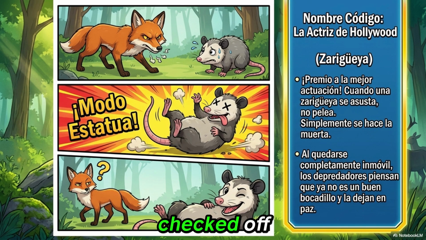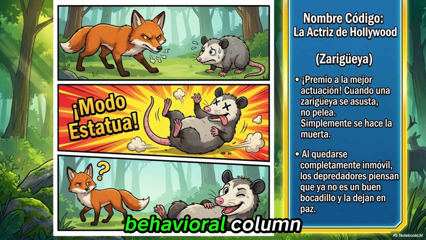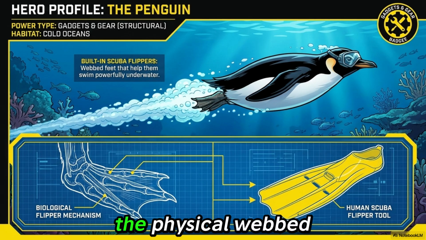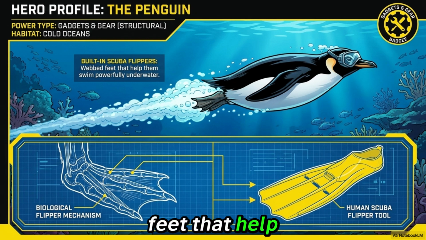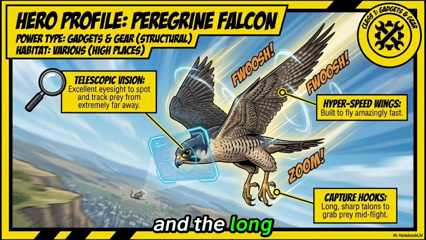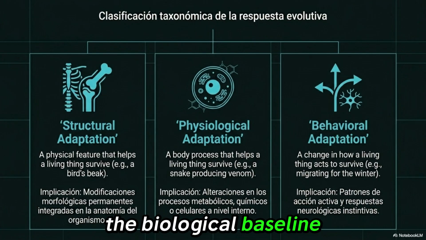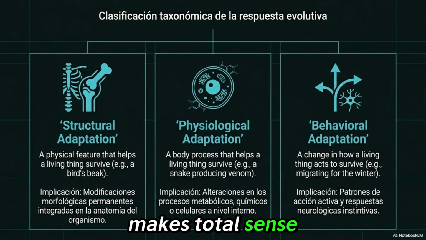Those are all checked off strictly under the behavioral column. They are actions. Conversely, the physical webbed feet that help penguins swim, and the long, sharp talons hawks use to grab prey, those check the box exclusively under structural. By sorting them out like this, the biological baseline makes total sense.